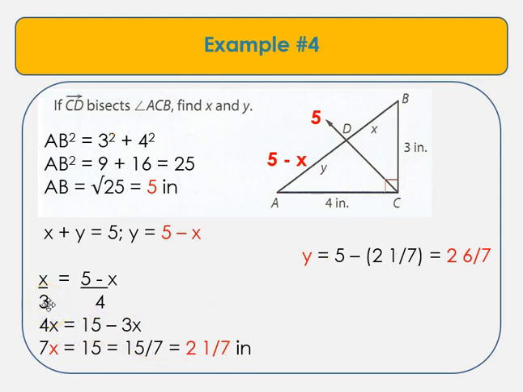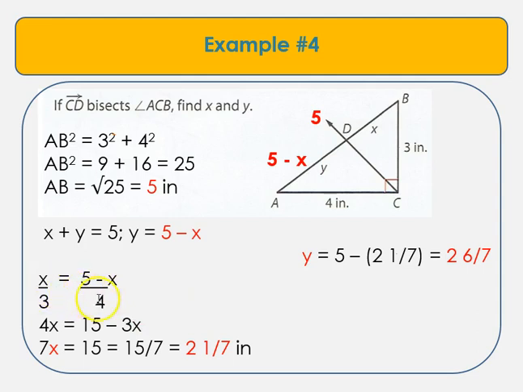So we have x is to 3 as what was y, it's now 5 minus x, is to 4 inches. So here's our proportion. And why are we not using y? Well, if we use 5 minus x, we now have only one variable in this proportion. If we had two variables, we would not be able to solve it.